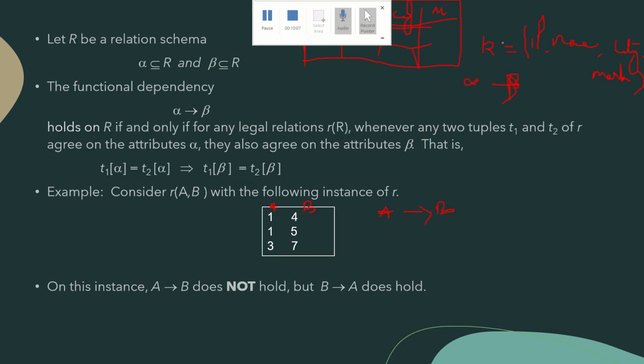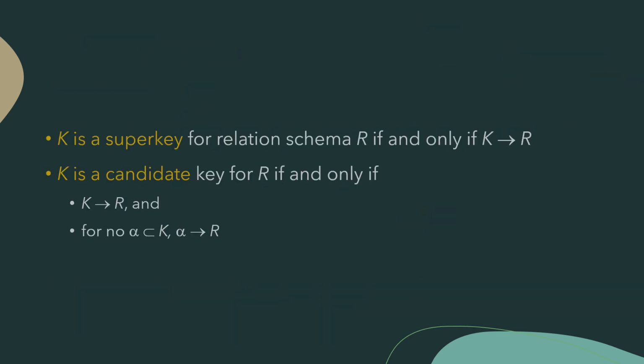I already gave one example for R. So let R be a schema for a particular relation, and let K be any subset of attributes from this relation schema R.